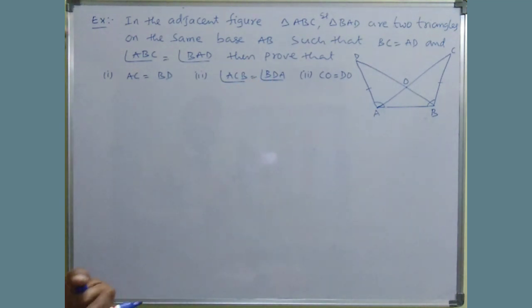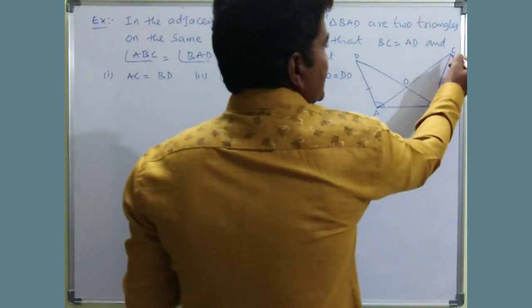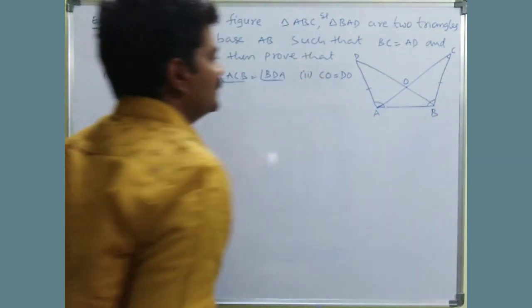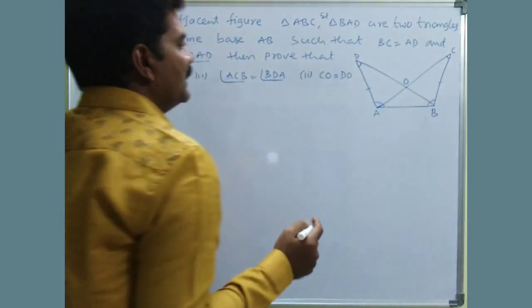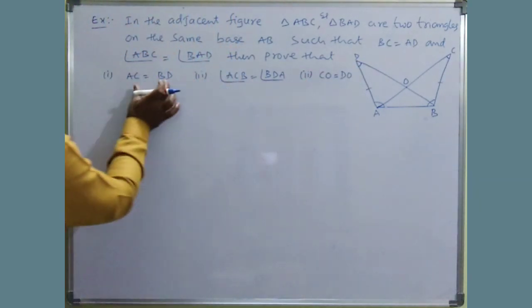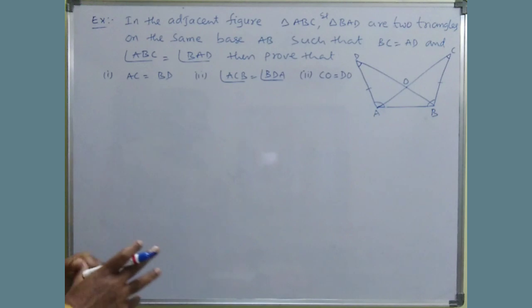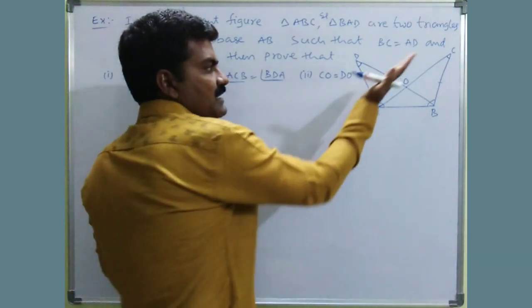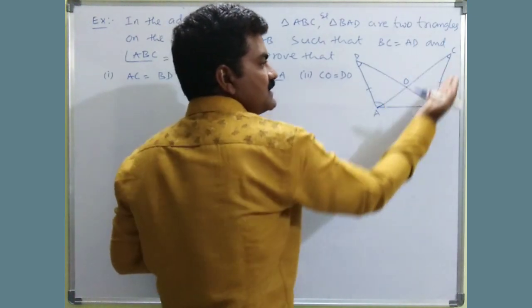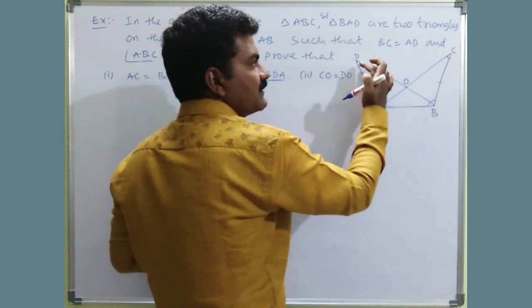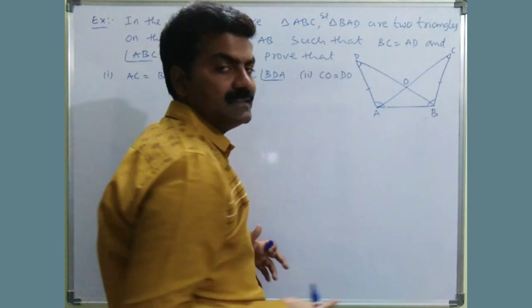We have to prove this angle ACB should be equal to this angle BDA. AC and BD are corresponding sides, and angle ACB and angle BDA are corresponding angles.